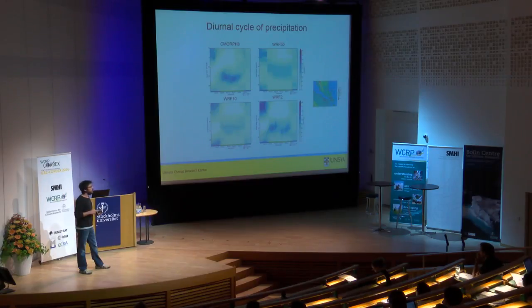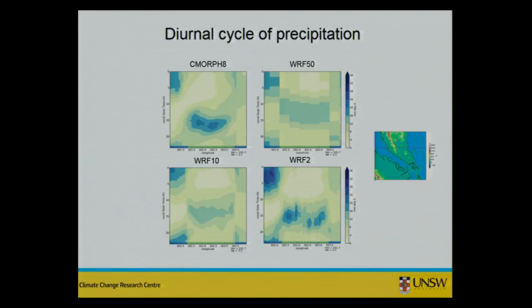This is another way of looking at the diurnal cycle of precipitation. This is CMORPH, and this is a cross-section of the Malay Peninsula where Kuala Lumpur is located. This is a Hovmöller plot where we have the time of the day on the y-axis, and this is longitude. In green is where the land is located.